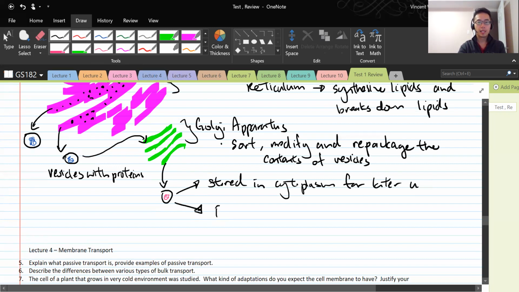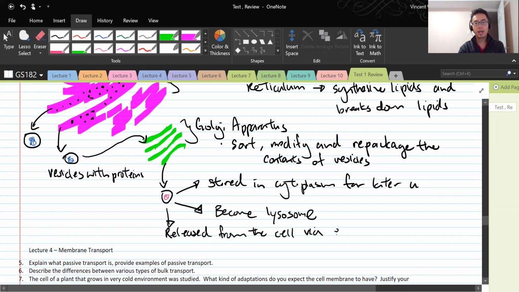Some will become lysosome, right? The one that contains the digestive enzymes, can break down things. Some will be released from the cell via exocytosis. You should know what that means by now, right?